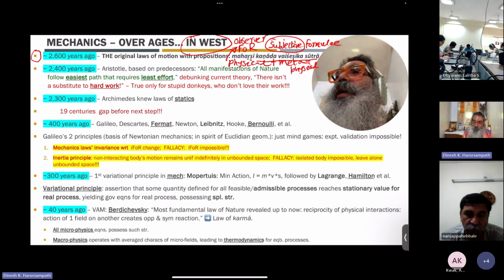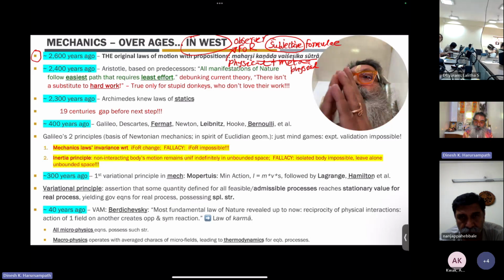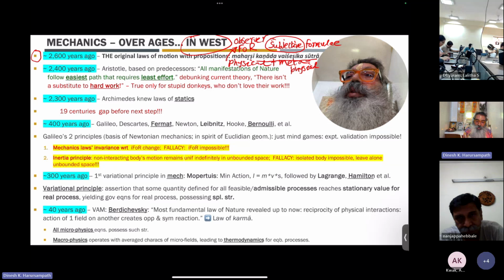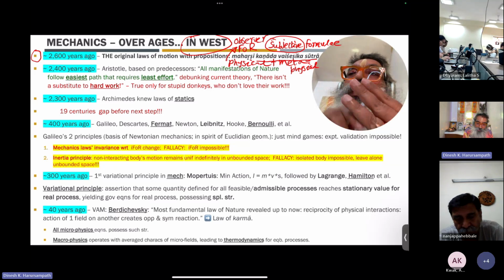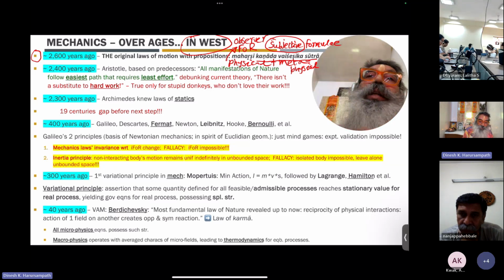I'm thinking of making a separate, shorter video on the original, because the Vaisheshika Sutras are almost hundreds of stanzas. So there's no point in going through all of them, but just a very few that talk about these three laws, which are almost identical to the laws of Newton. And even in his Principia, and even as of date, nobody has gone into what was the proposition behind those laws.